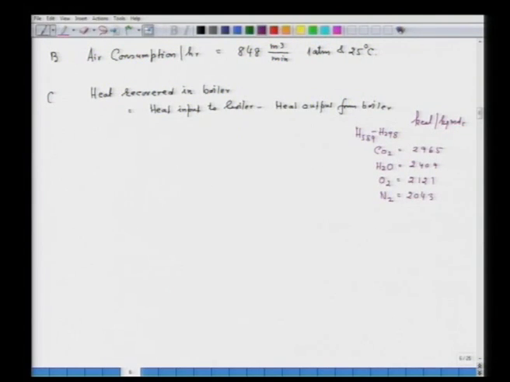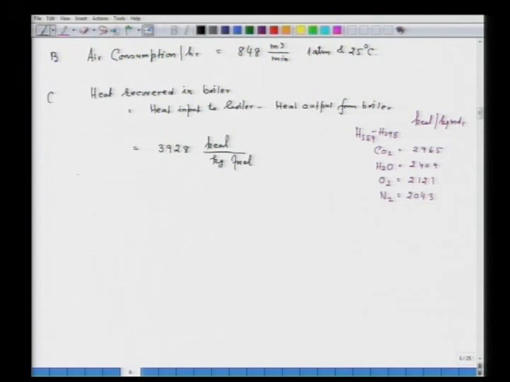So, you can calculate these values, I do not need to calculate. So, if you do it, then heat recovered in boiler will be coming 3928 kilocalorie per kg of fuel. That is the answer for C.